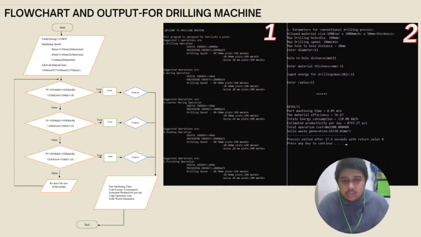This is the input: the useful energy is less than or equal to a number of kilowatts, and this is for machining speed, which is 40 millimeters less than 50 millimeters, 20 millimeters less than 40 millimeters, and finally less than 20 millimeters, and the allowed material size. As we can see, we have three: W, L, and T.